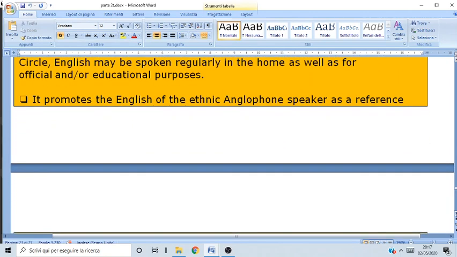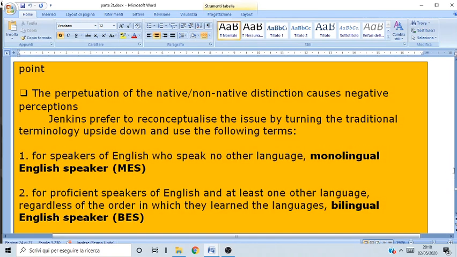So this idea of speaking of native versus non-native English speakers promotes the idea of English as belonging to an ethnic group, and that it has to be similar or as close as possible to the language used by that ethnic group.